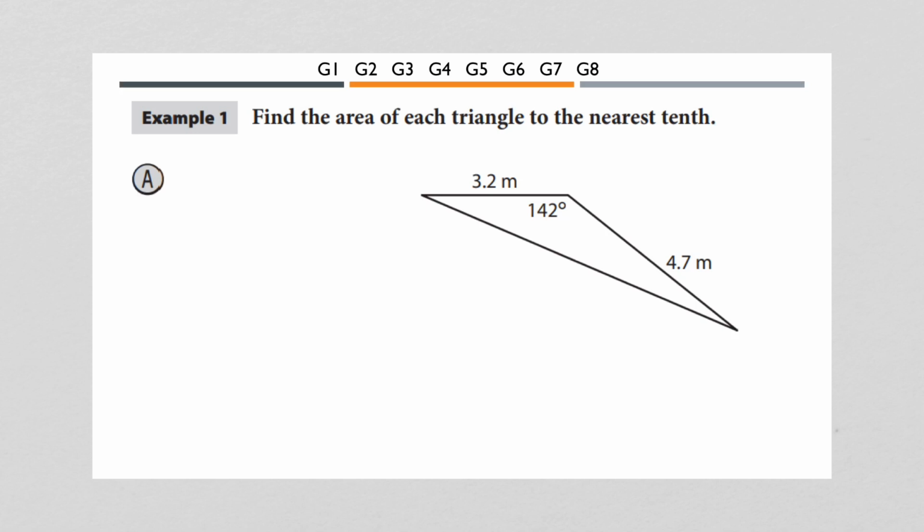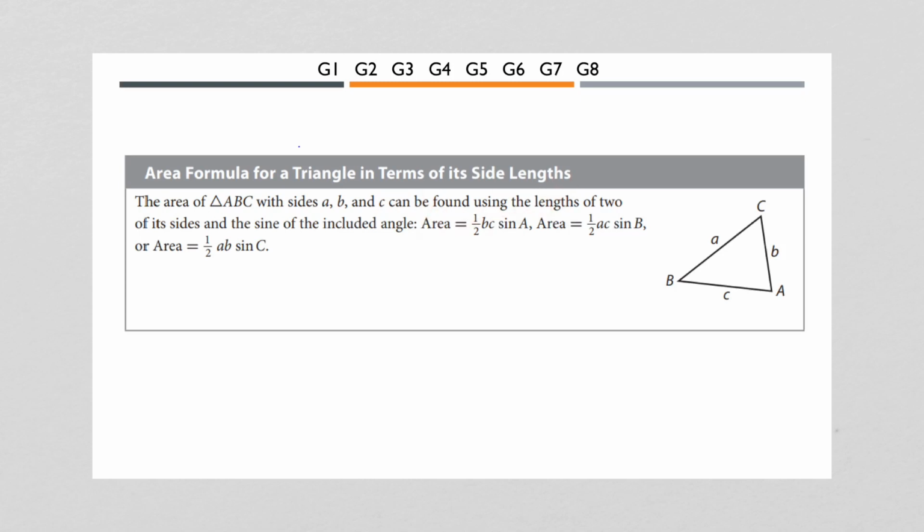All right, this triangle isn't labeled, so we can label it, or you can just use the strategy that I told you. So remember, it goes area 1/2 times the 2 little legs times sine of the included angle.